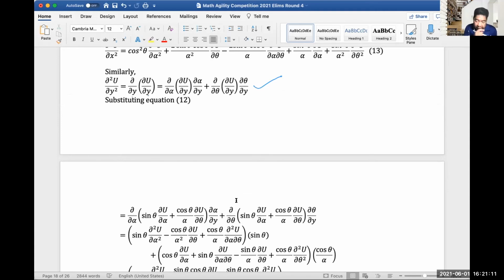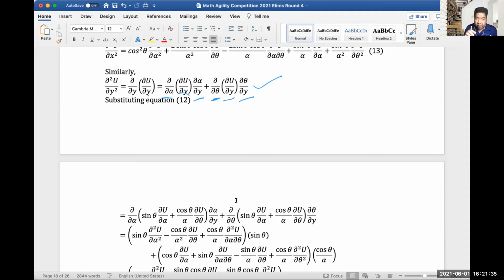It is equivalent to the partial derivative of the partial derivative with respect to y, with respect to alpha, times the partial derivative of alpha with respect to y, plus the partial derivative of the partial derivative of u with respect to y, partial derivative of theta, times the partial derivative of theta with respect to y.